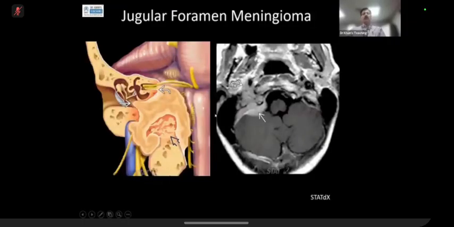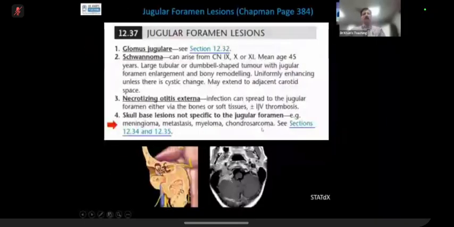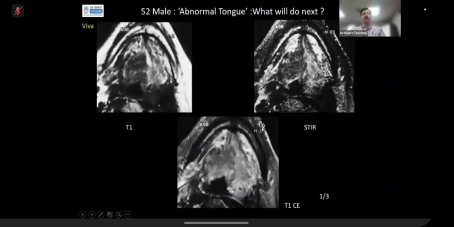Classically, the examiners will show you a plain film where there will be sclerosis, and then, when you take it to cross-sectional imaging, it will be a meningioma. Take-home point is that there are types of meningiomas which penetrate into the bone, and then they can cause hyperostosis. I'll show you these cases subsequently, but it can happen in the jugular foramen also.